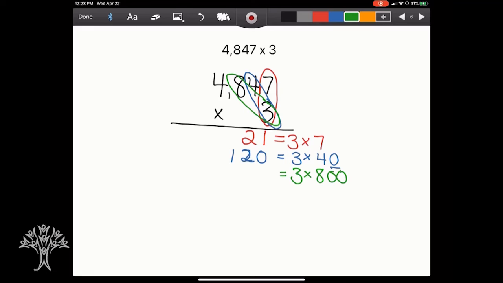So I'm thinking 3 times 8. Well, I know that's 24, but I also have a couple of zeros in there. And then my last one is 3 times 4,000, which is going to give me 12,000.